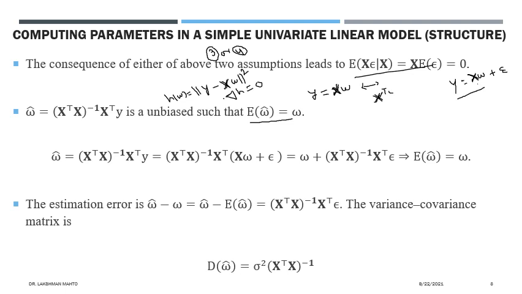So we multiply both sides with x transpose and get x transpose x w equals x transpose y. This is just the simplification of gradient of h equal to 0. It gives the optimality condition, and this is a consistent system.